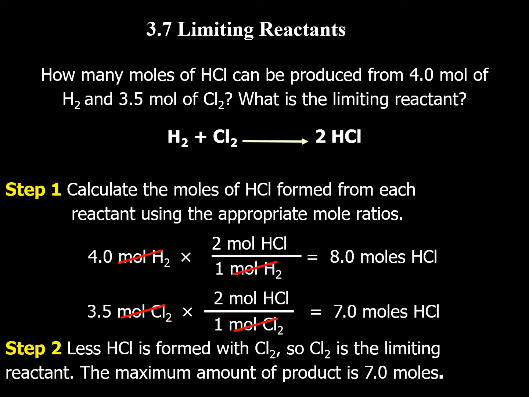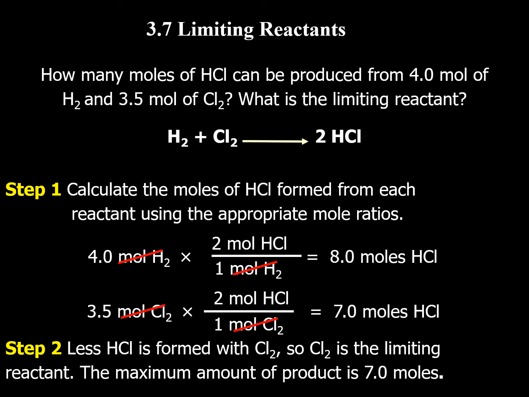Another example with moles. How many moles of HCl, hydrochloric acid, can be produced from 4 moles of H2 reacting with 3.5 moles of Cl2? What is the limiting reagent? So again, the balanced equation here: H2 plus Cl2 gives us 2HCl. We have to look at each reactant.